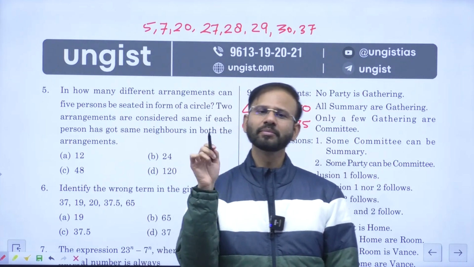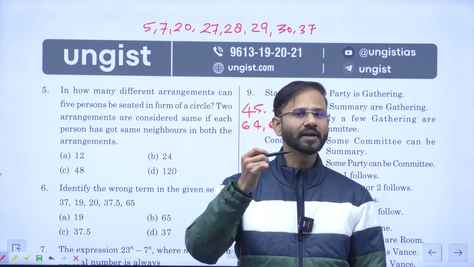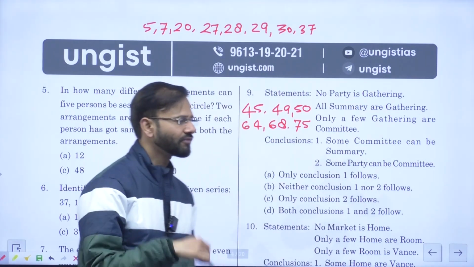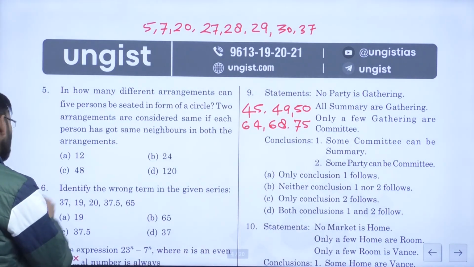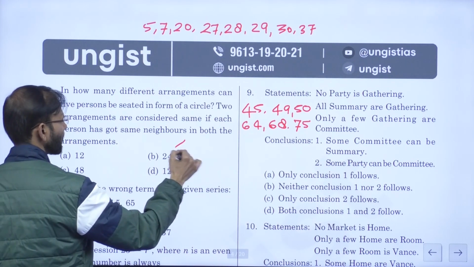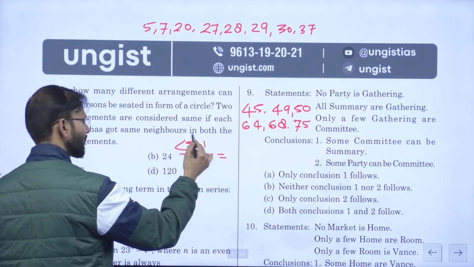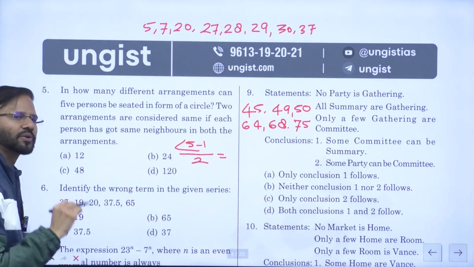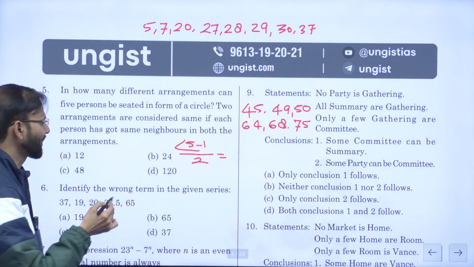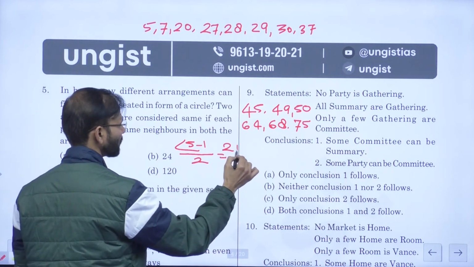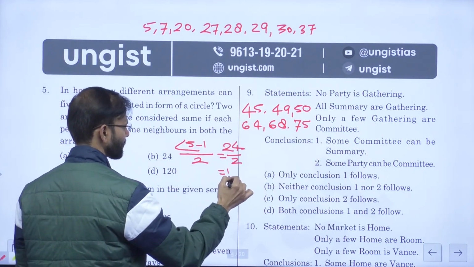The formula for the same is factorial (n minus 1) divided by 2. So if n people are there, it will be factorial (5 minus 1) divided by 2. Factorial 4 is 24, and 24 by 2 is 12.